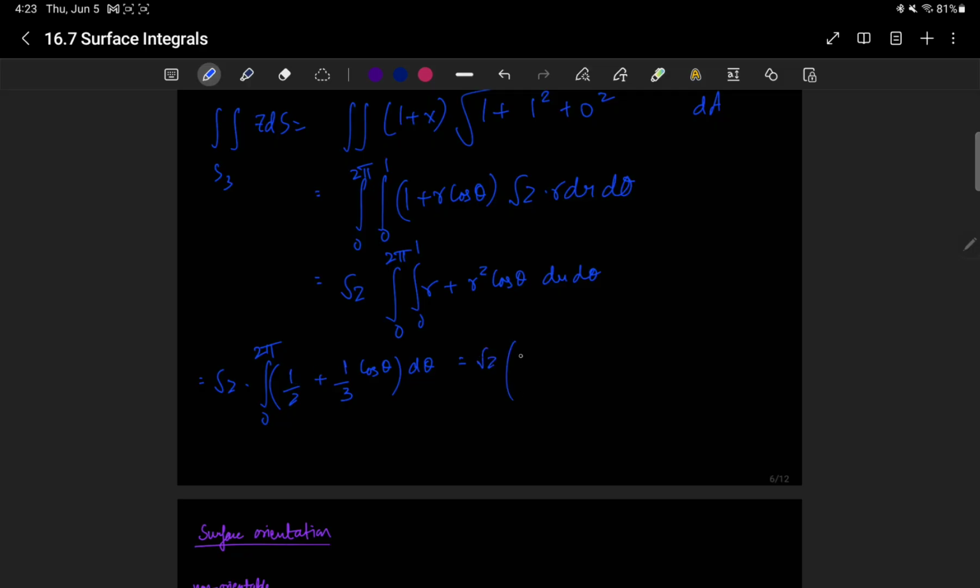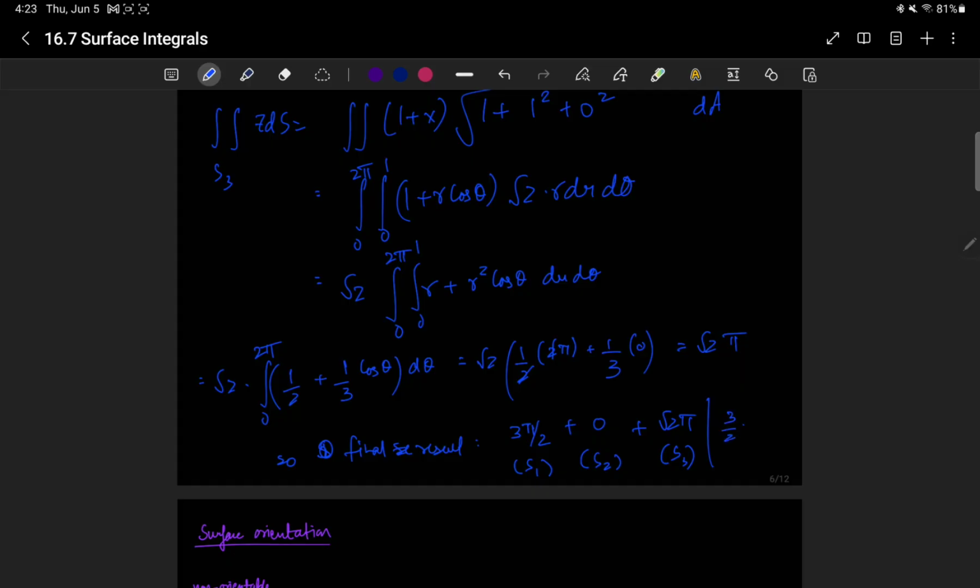So you have root 2 times 1 half times 2 pi, and then a one third times cosine which becomes 0, giving root 2 pi. So the final result will be the contribution from S1, which was 3 pi over 2, the contribution from S2, which is 0, and the contribution from S3, which is root 2 pi. So you have 3 halves plus root 2, times pi, which is your surface integral.